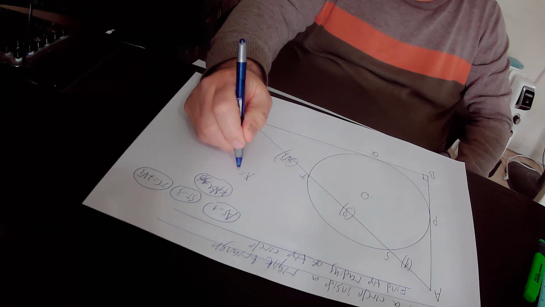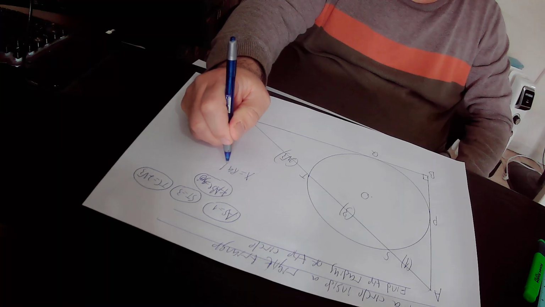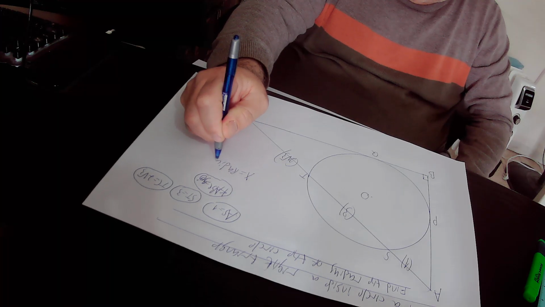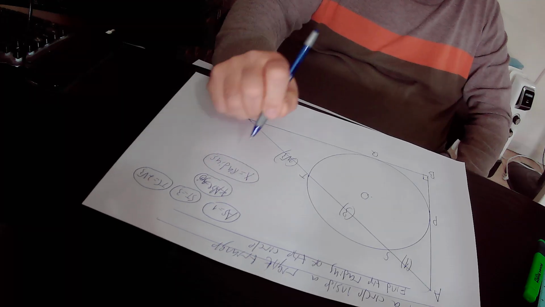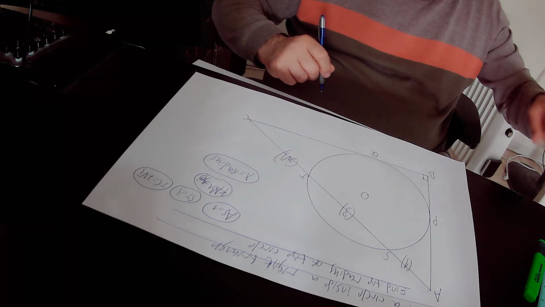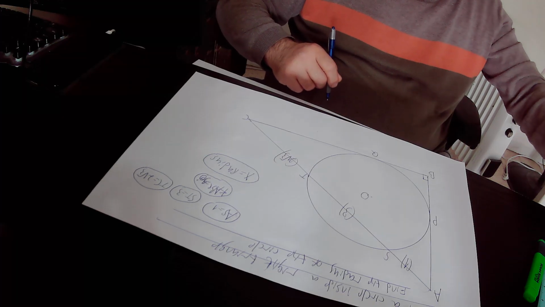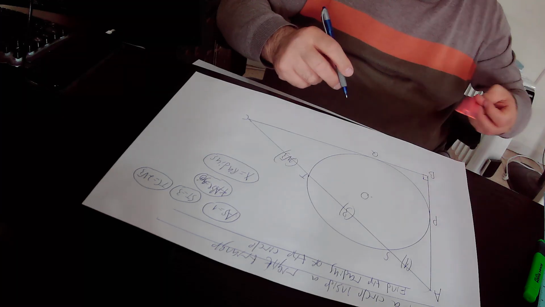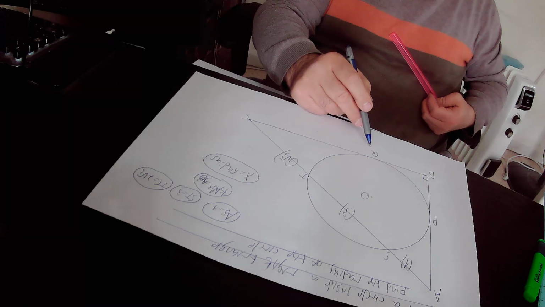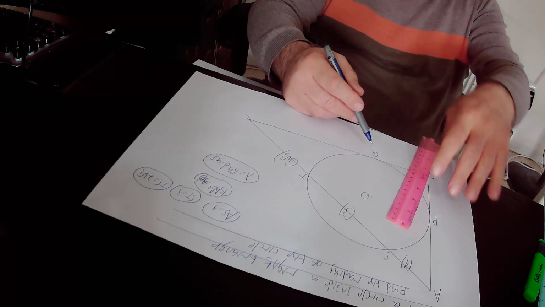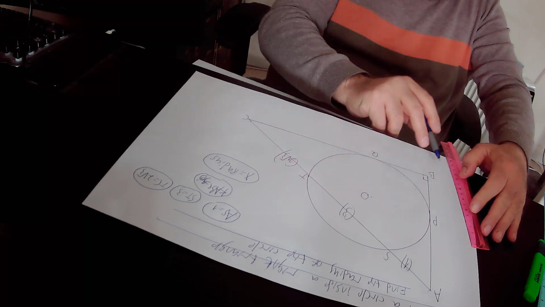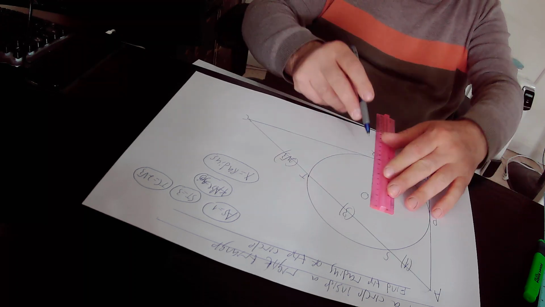X is the radius of the circle according to our definition. In the next step, we join points O and S together by a straight line. And we join points O and Q together by a straight line. This is point Q, the point of tangency of tangent BC with the circle.